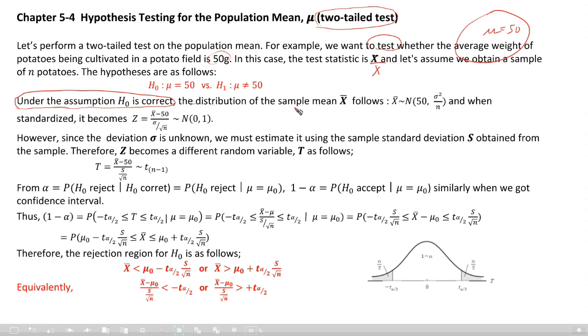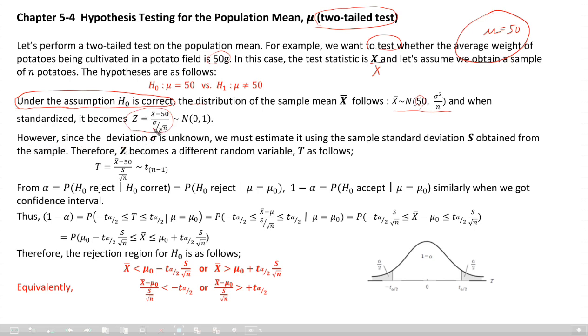The distribution of the sample mean x bar is as follows. x bar has a normal distribution with mean 50 and variance sigma squared over n. You know that. When standardized, it becomes z equal to x bar minus 50 over sigma over square root of n. Right? It is a standard normal distribution.